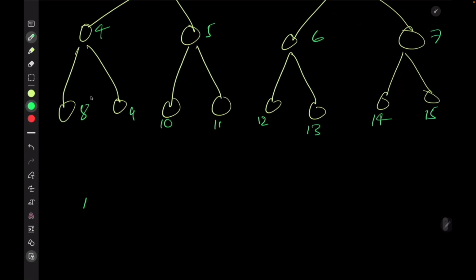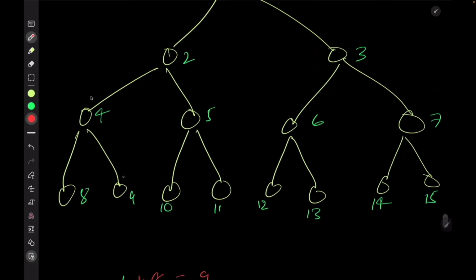So we got L equals 1 and R equals 7. First we added plus n to both of them, and we got 9 and 15. So L is pointing here and R is pointing here.